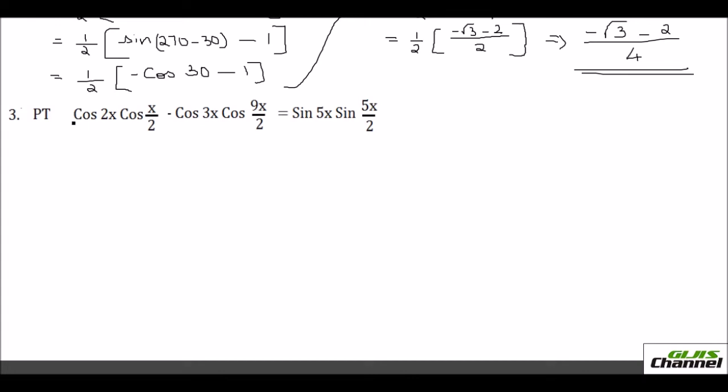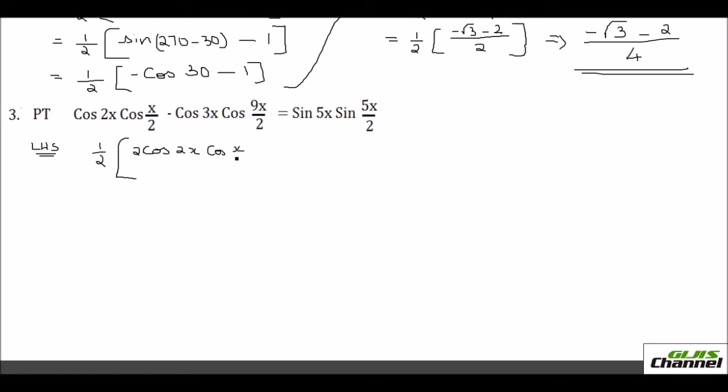Okay. So what I do is just take the left hand side and I'm going to prove it to the right hand side. So here I multiply and divide by 2. Okay. So that would be half. The division half I take as common. Here you will have 2 cos 2x cos x by 2.